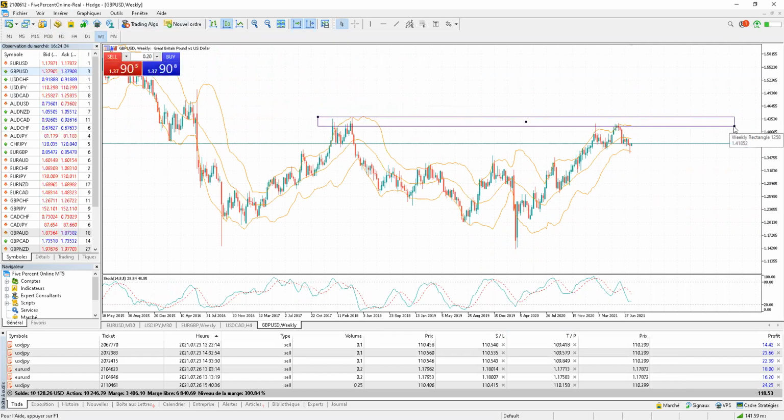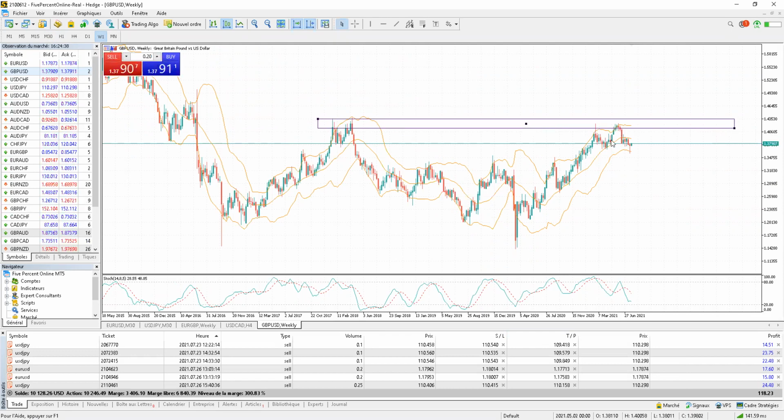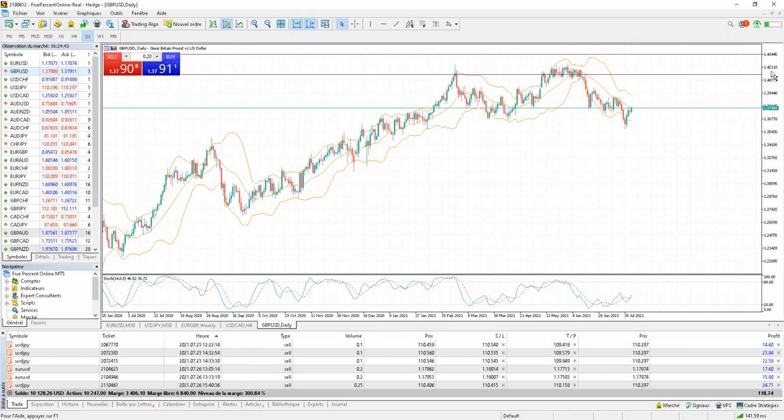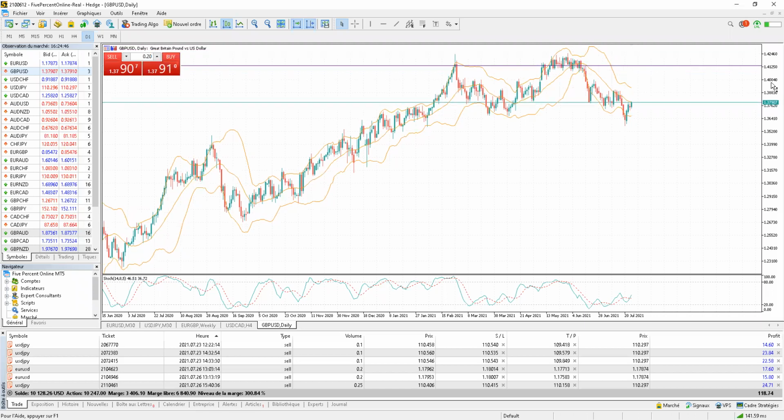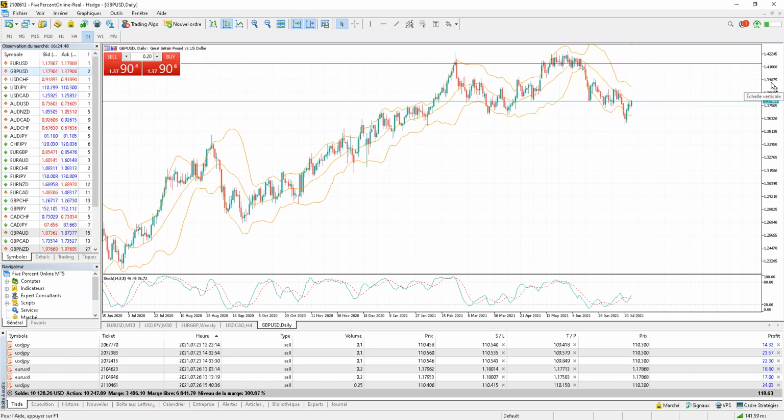Okay, so that was the monthly supply and also the weekly one. It made a test, a retest, and broke below. Actually, what we can see, there was also this level here that we actually broke, and then we re-entered.